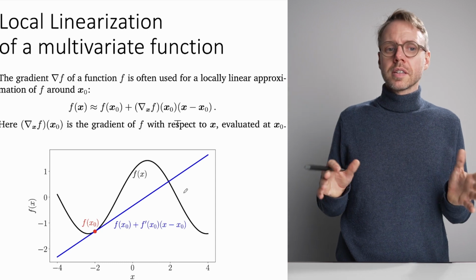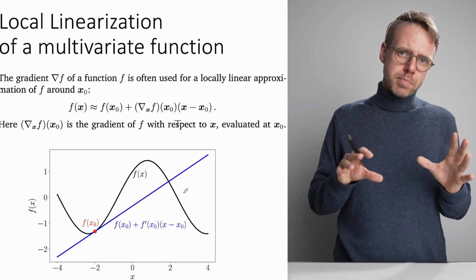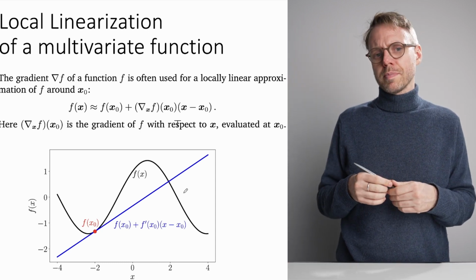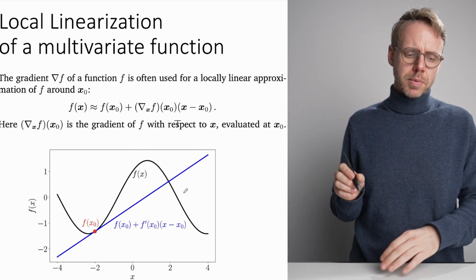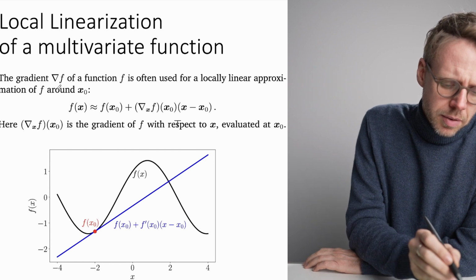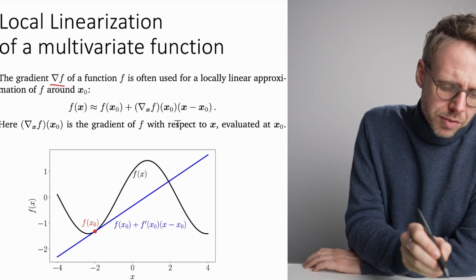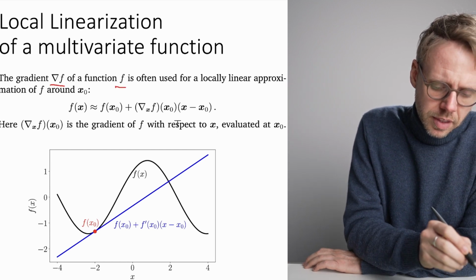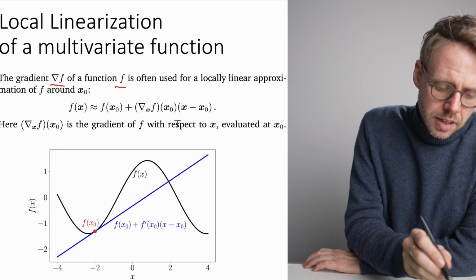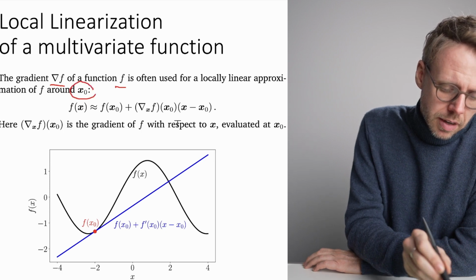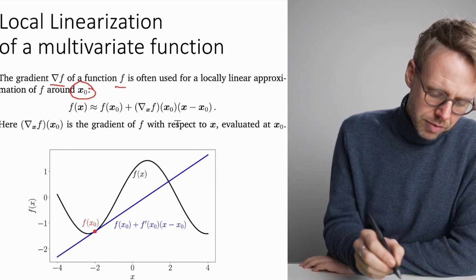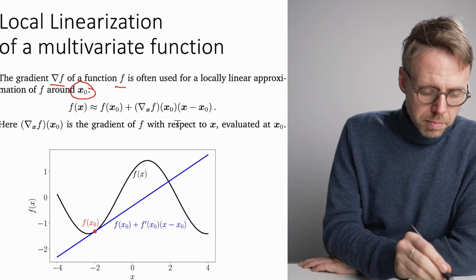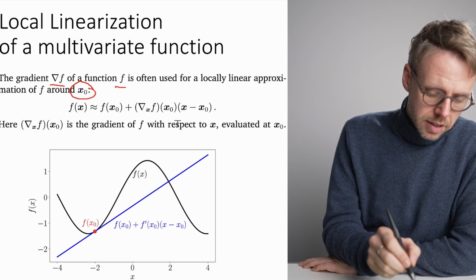Using the gradient, we can build a linear approximation to the function. It's a locally linear approximation. What does that mean? Well, we have the gradient of a function f, and we pick a point x0. So here in this picture we see our function f, that's the black function here.